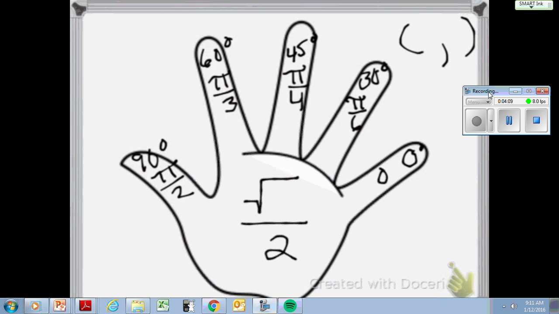So let's do an example really quick. Let's say I want to find the first coordinate for 30 degrees. I would put this finger down.